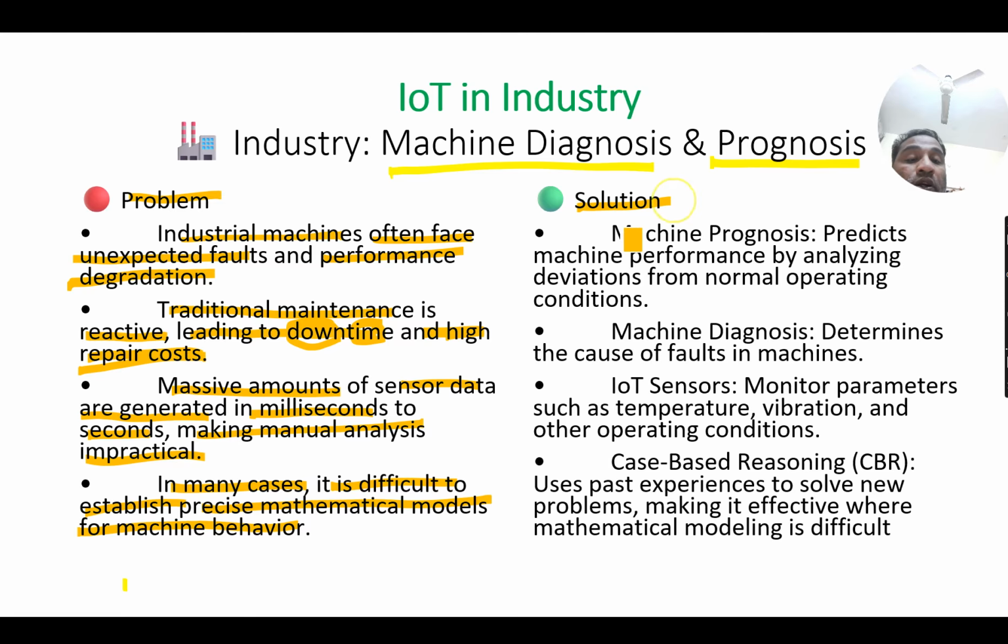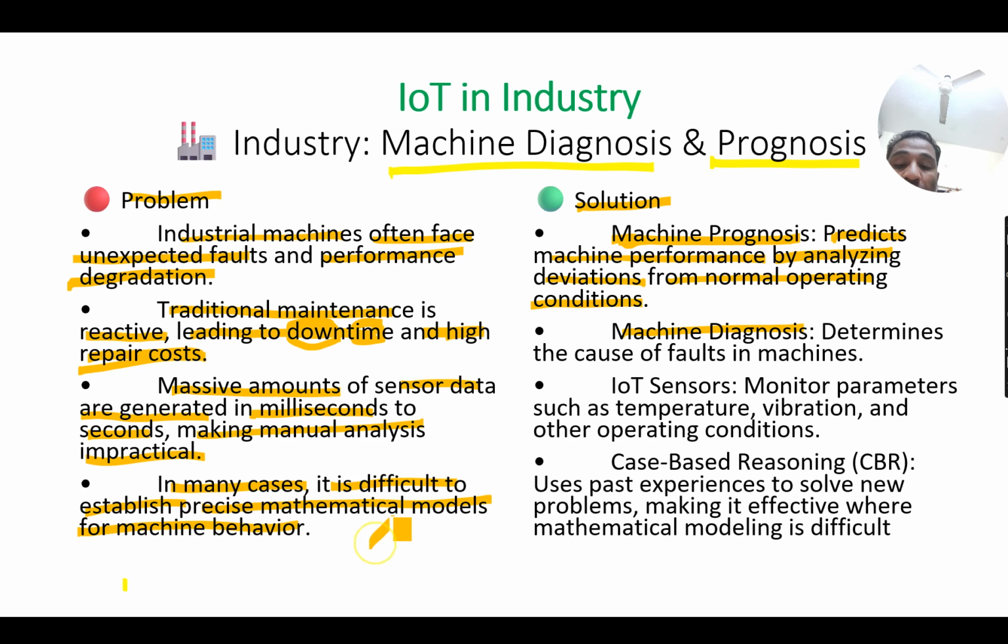The solutions are two: machine prognosis and machine diagnosis. In machine prognosis, what do I do? I predict the machine performance, predict in the sense of in advance, by analyzing the deviations from normal operating conditions.